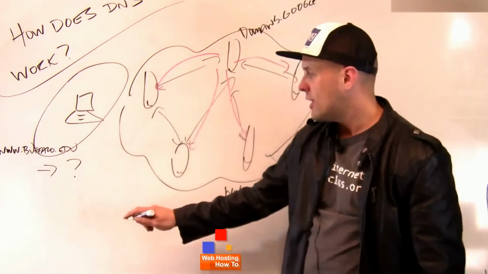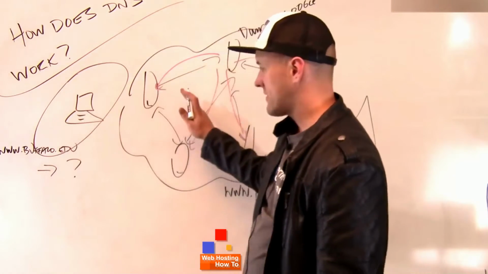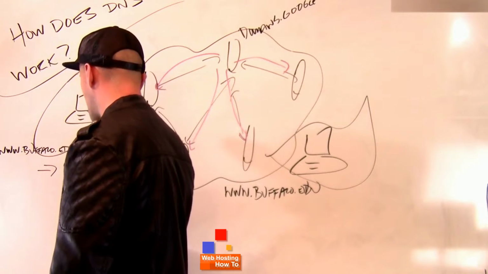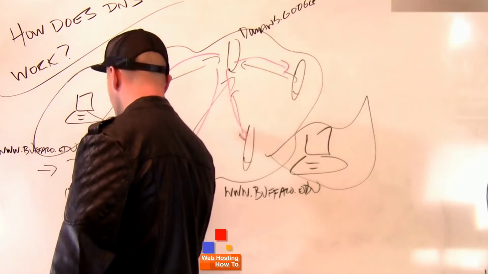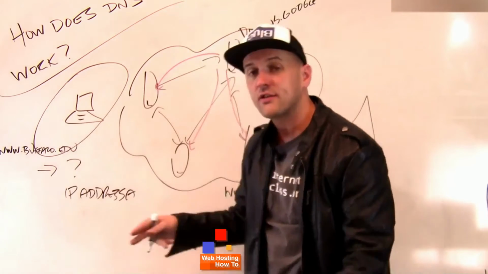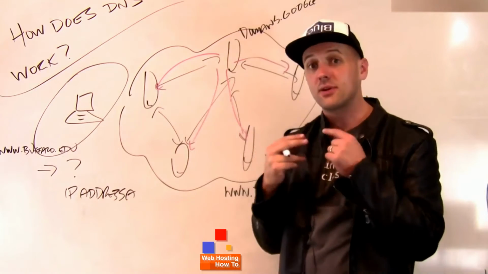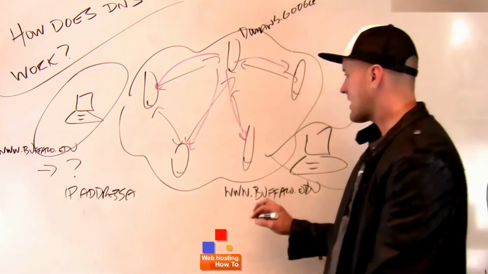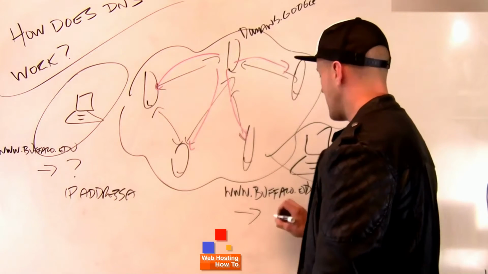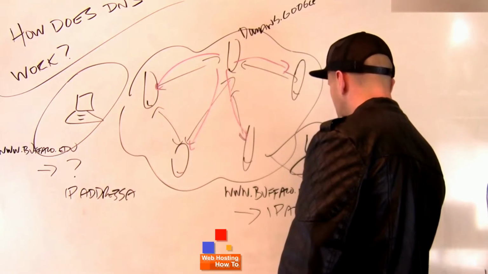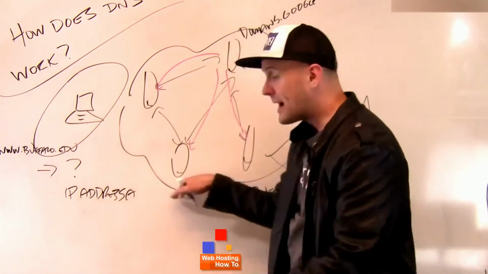And so when this computer looks up www.buffalo.edu, it gets IP address, let's just call this A, and IP address A is located close to it. And so the connection that it has with that server is fast and the page loads quickly. Same thing here. When this guy looks up www.buffalo.edu, it might get IP address B. And this might not be the same.